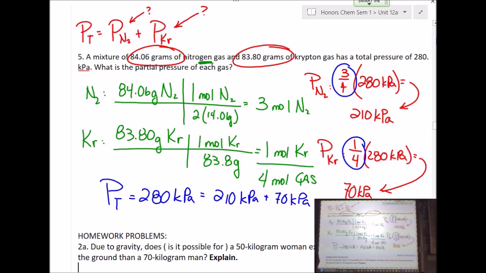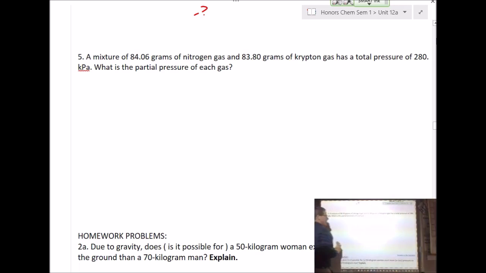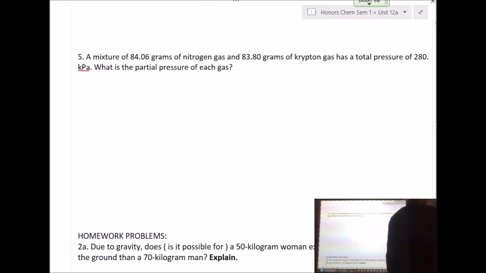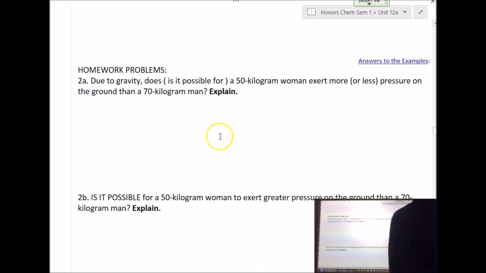Sound good? All right, let me do some explaining on the homework here. On questions 2A and 2B, these are the questions I want you to ponder. These are going to drive you crazy because I'm requiring you to think a little bit here, and I know that's not something that we like to do.